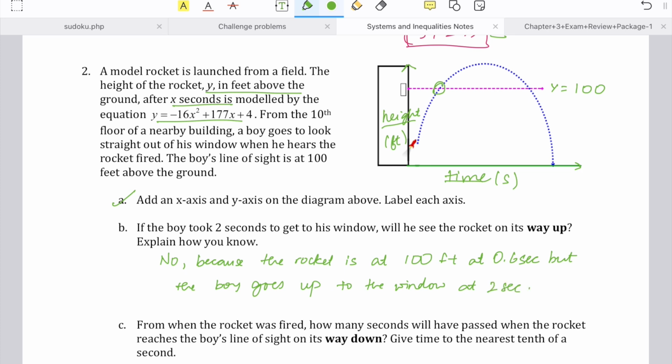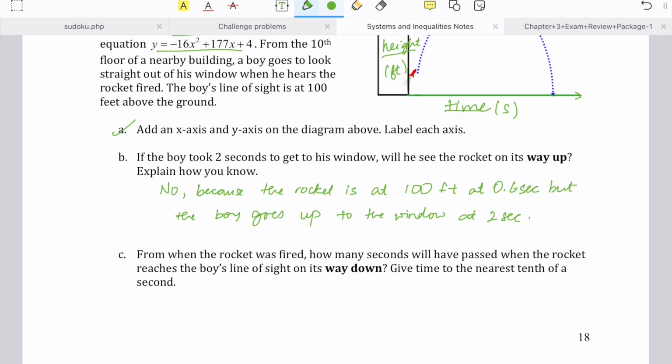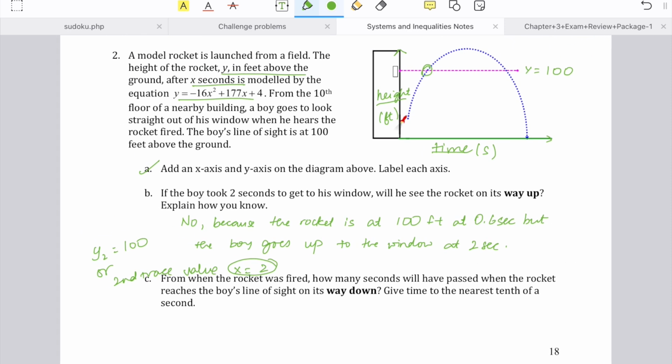So I did that using second trace 5 and setting y to 100. You could also do just second trace value and figure out x is equal to 2 and if it will be at 100 feet or not. So if it's not at 100 feet, that means he will miss the rocket.